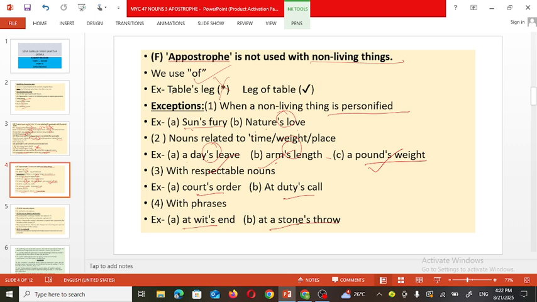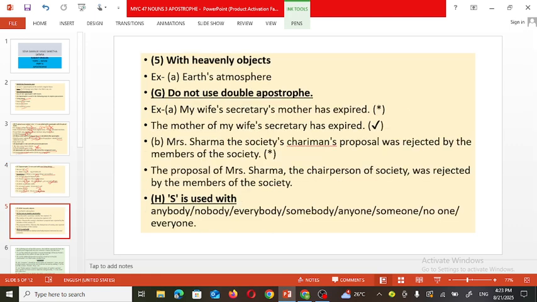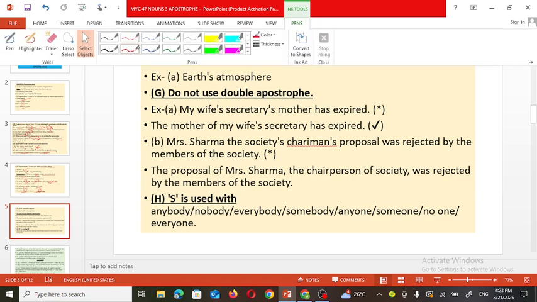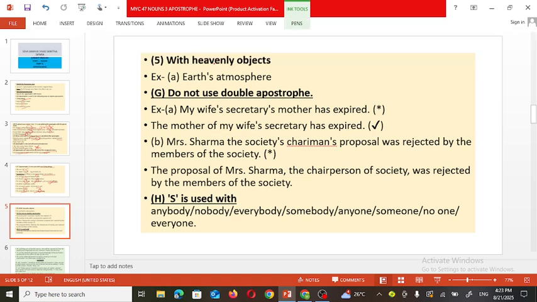So in such cases, it is a must that we use this apostrophe sign. Next one: with heavenly objects, means Earth's atmosphere. In heavenly objects, we can use the apostrophe sign.